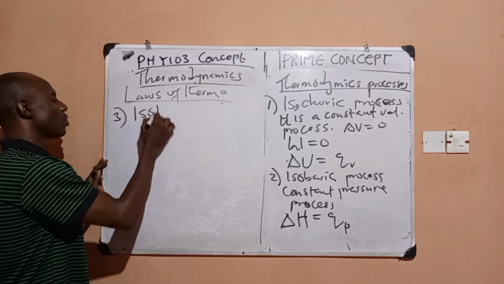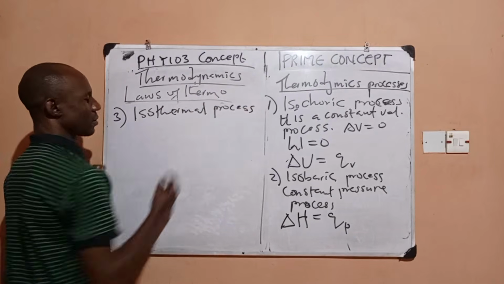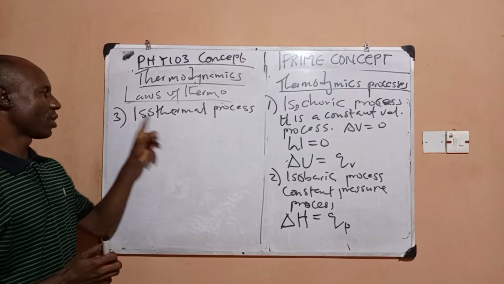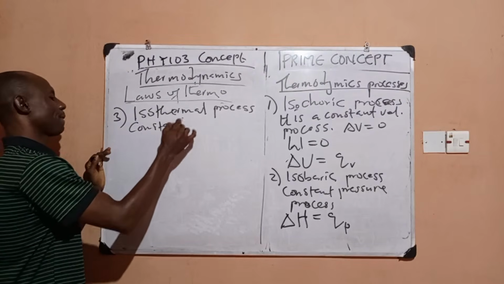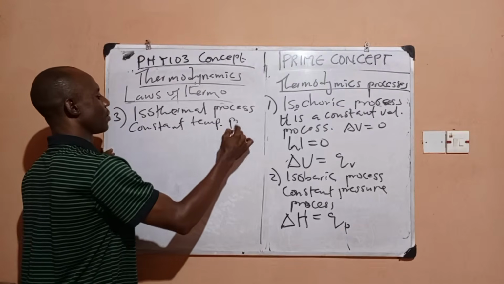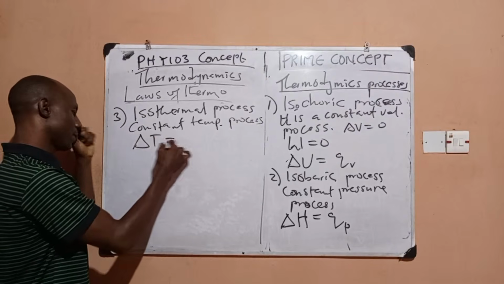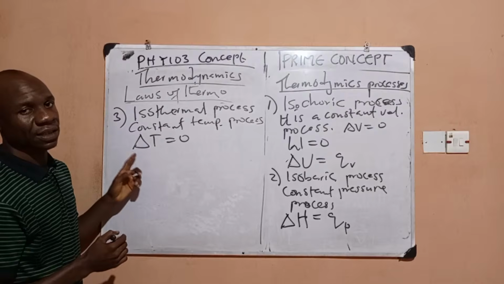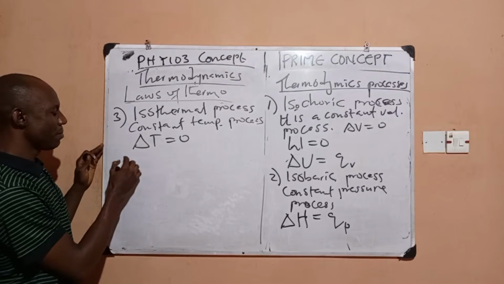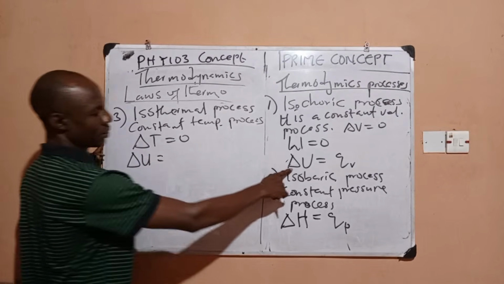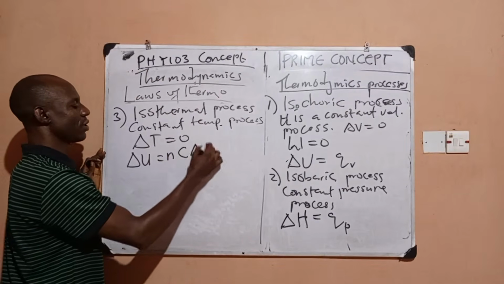Now let's look at number 3. Number 3 is the isothermal process. Of course, thermal means temperature, iso means constant. So an isothermal process is a constant temperature process, which means that change in temperature is 0. Now, if change in temperature is 0, remember delta U is QV, right? So delta U is actually NC change in theta.